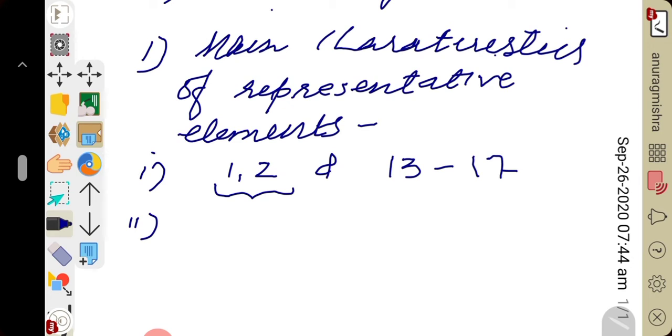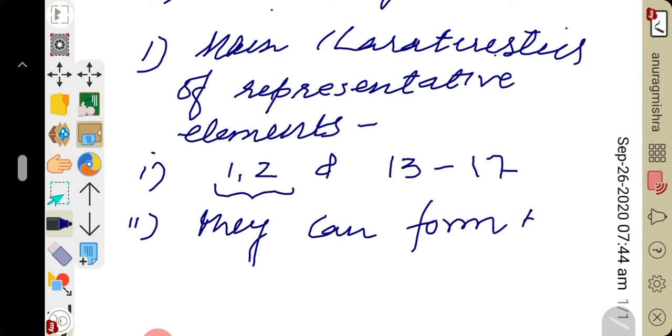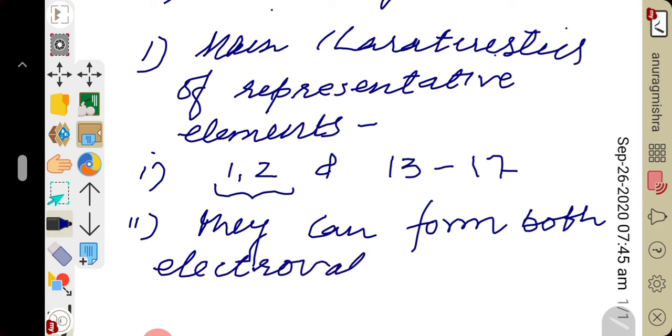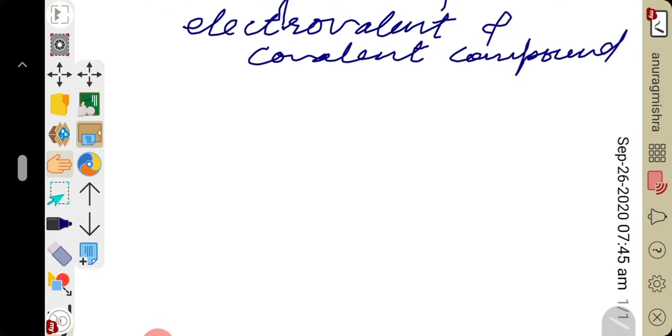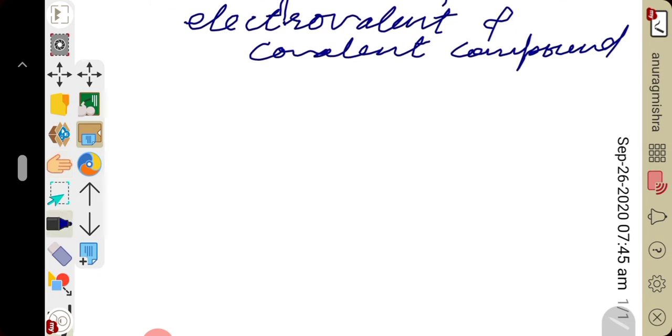For example, let us see. They can form both electrovalent and covalent compounds. Representative elements include group number 1.